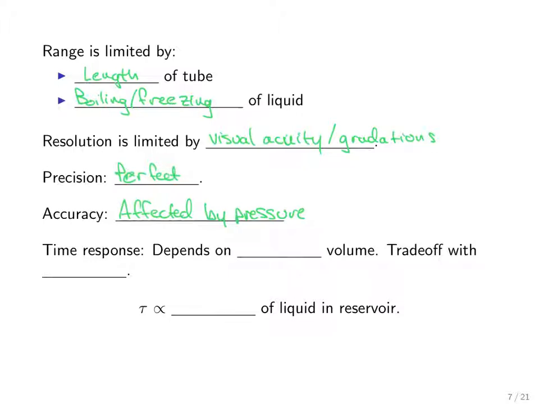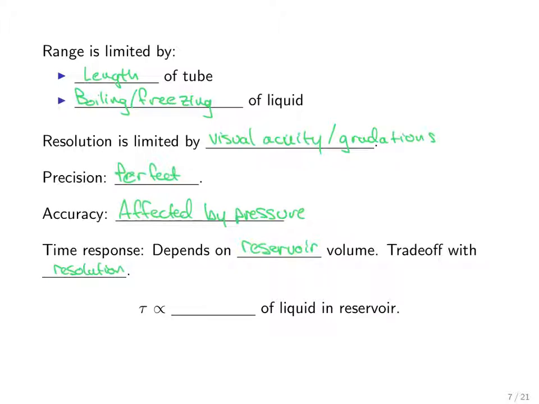The time response of a mercury or alcohol thermometer depends on the reservoir volume, since for a larger volume it will take more time to change temperature. This will be a trade-off with resolution, since if we have more liquid, we can make a longer, narrower tube coming out of it and get better resolution.